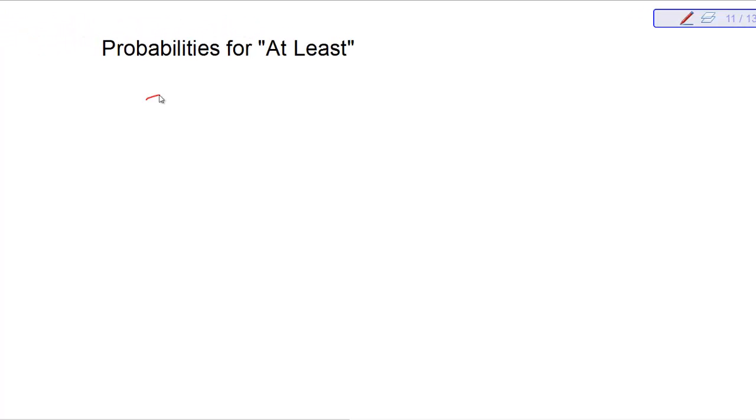Okay, probabilities for at least one, or at least. Anytime that you're doing at least, and you see the word at least, I want at least 3 to happen, I want at least 4 to happen, things like this, we're going to use multiplication rules and complementary event rules.